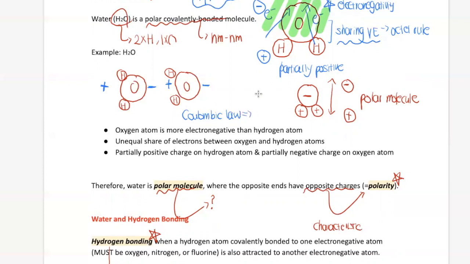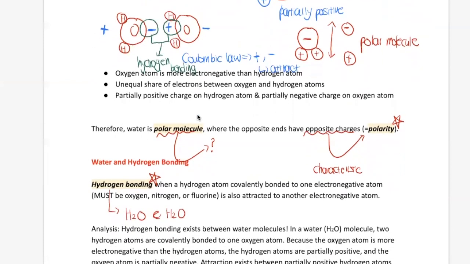This is basic knowledge in physics that states that plus and minus attract. So when water molecules interact, what you observe is the partially negative oxygen end interacting with the partially positive hydrogen end. This will cause the water molecules to attract one another, and we call this type of bonding hydrogen bonding. So water interacts with one another via hydrogen bonding.